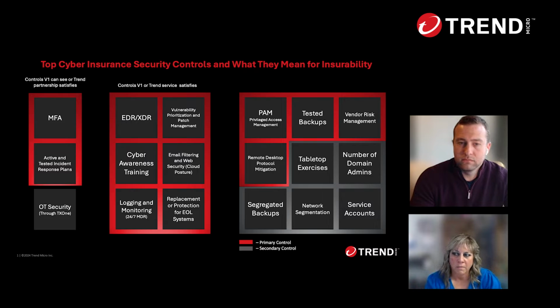I know some of these are specific to other carriers, but I would love your perspective, and whether or not these are all the controls that Arch specifically looks at, giving the audience an idea of which ones they should have if they don't have one of these on the screen.